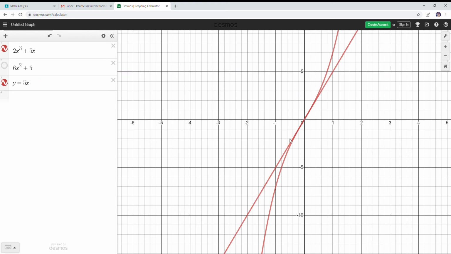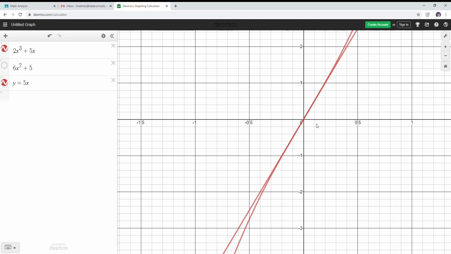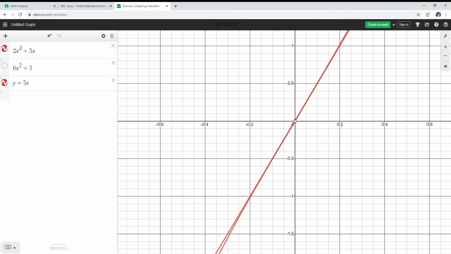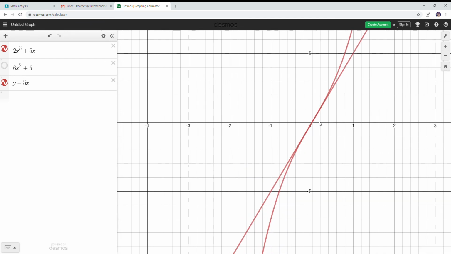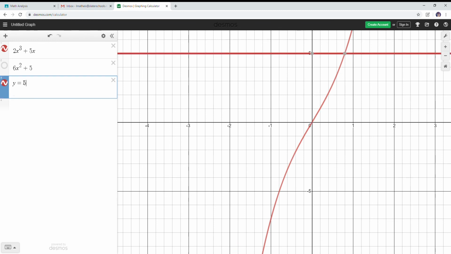So you can see this line, that I do kind of wish was in a different color, is the straight line here. It crosses at this point at 0, but it actually ends up going on opposite sides of our original function here. I'm going to rewrite this in the hopes that it graphs in a different color. Nope, that's still red.